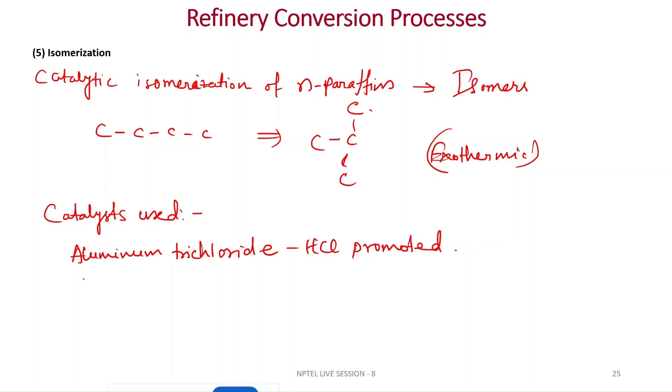Here you need to take care of the reaction temperature and pressure: temperature around 100 to 150 degrees Celsius, pressure around 17 to 27 atmosphere. So it is nothing but converting the straight chained paraffins to isomers of that paraffin. So it is also important.